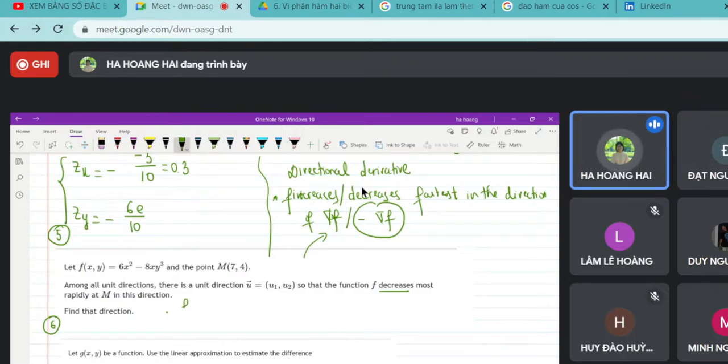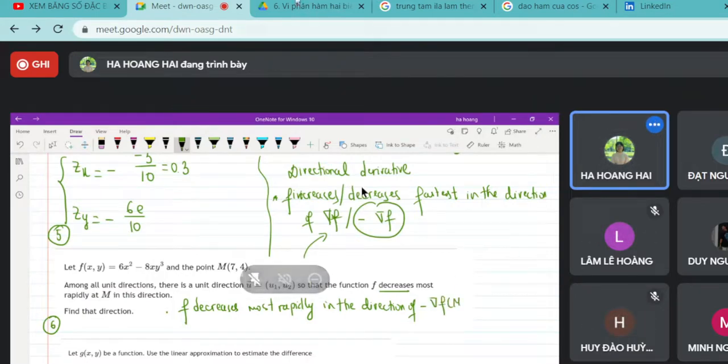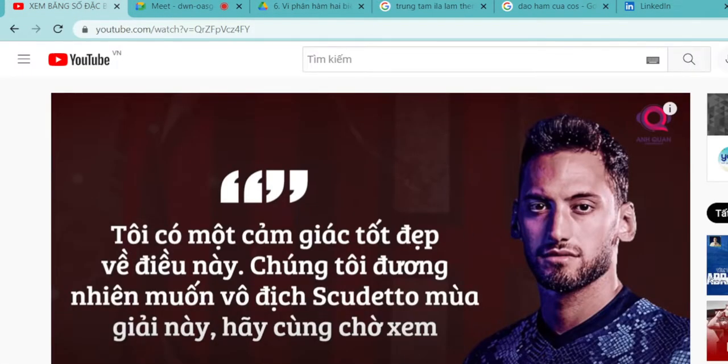We write that f decreases most rapidly in the direction of minus gradient f of M. So you need to find vector minus gradient f of M. But here we are required to find a unit vector.